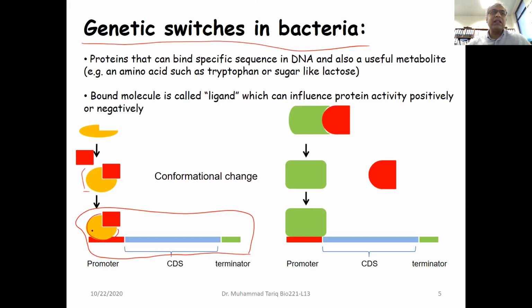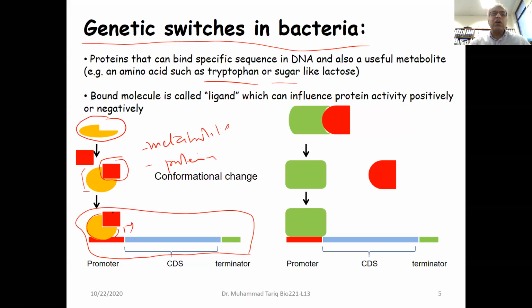This activator, at its own, cannot activate the gene, rather it requires another molecule, and this molecule can be a metabolite or it can be another protein as well. But let's say there is a metabolite, a sugar-like molecule, or an amino acid, like it's mentioned here, tryptophan. If it is bound, then it can switch on the gene.